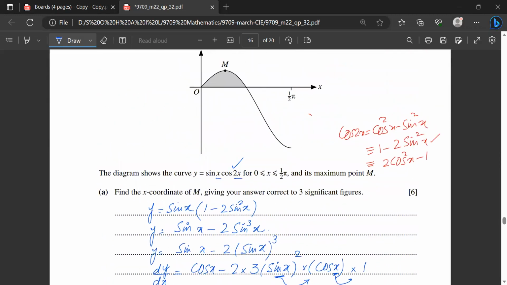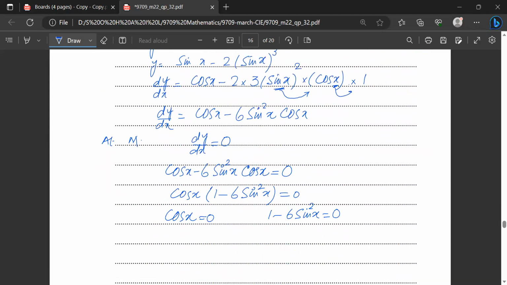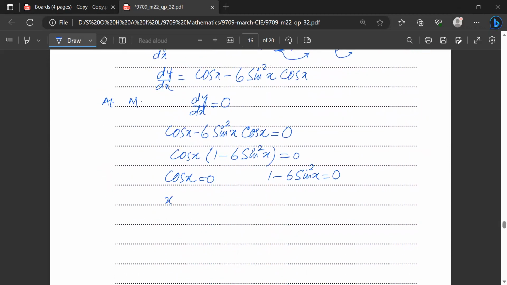Note that the x coordinate of M is from 0 to 1 over 2 pi. If cos x equals 0, x is equal to pi over 2. So reject this option, because this cannot be the answer for the x coordinate of M.